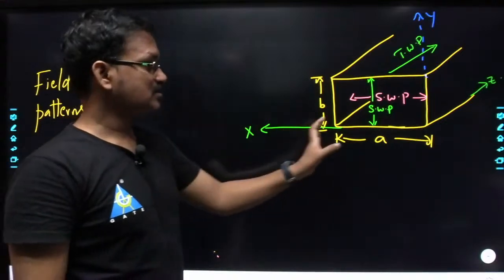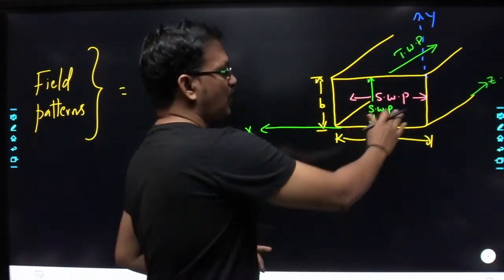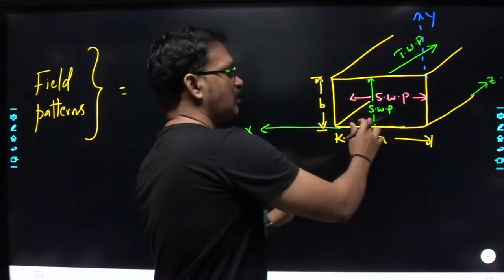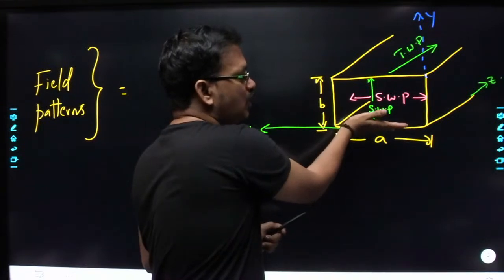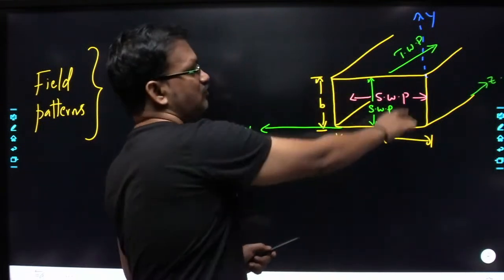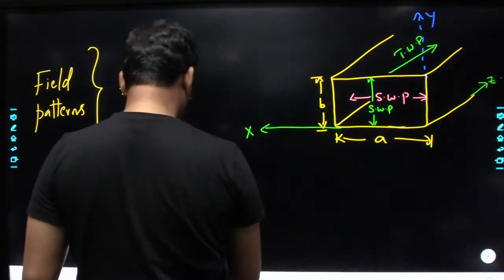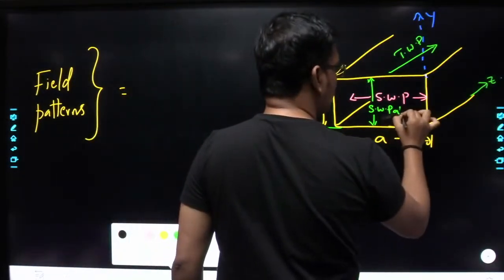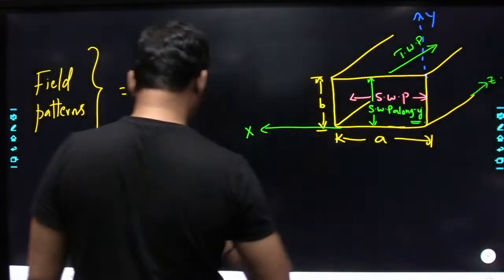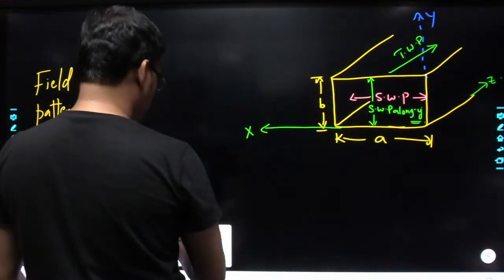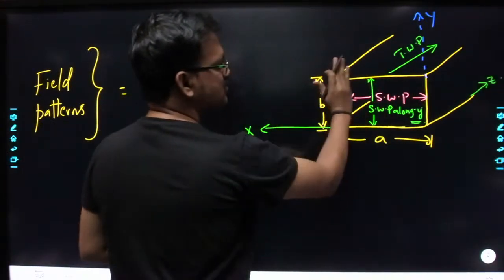So you must have the standing wave pattern between any two conducting plates. One is the standing wave pattern between the bottom plate and the top plate. As you move from bottom to top, y is going to vary. So you must have the standing wave pattern along y. Similarly here you are having two conducting plates at x equal to 0 and at x equal to a.